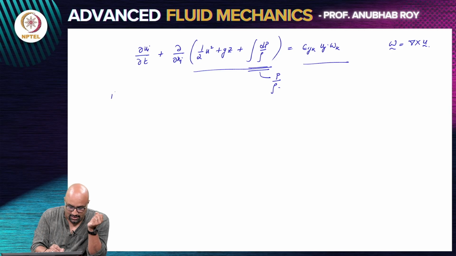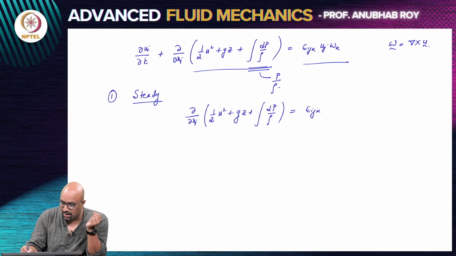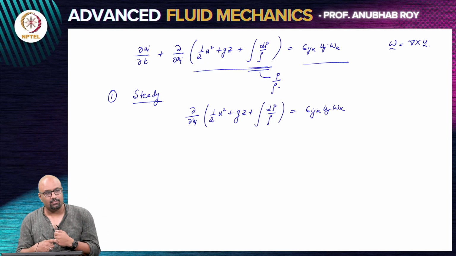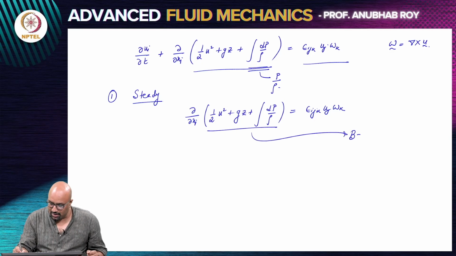So we will consider a few cases. The first case we will look at is when the flow is steady. There is no explicit time dependence, in which case ∂/∂x_i of half u squared plus gz plus the integral dP by rho is equal to epsilon_ijk u_j omega_k. This term inside the bracket, I will define as a function B, which is half u squared plus gz plus the integral dP by rho.